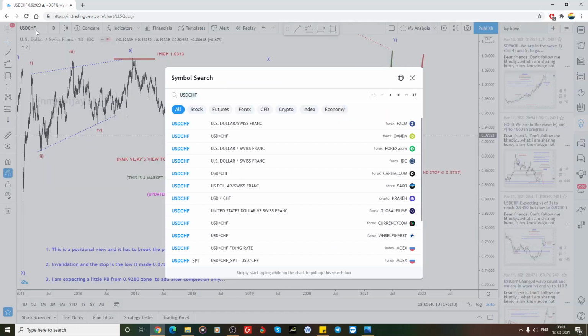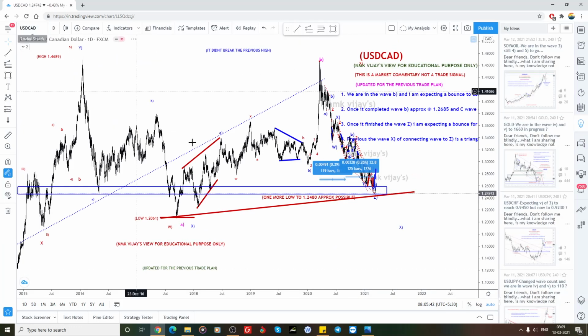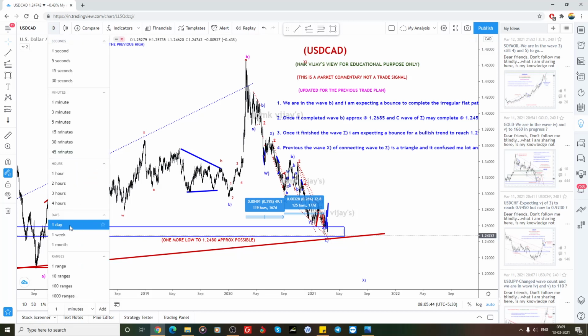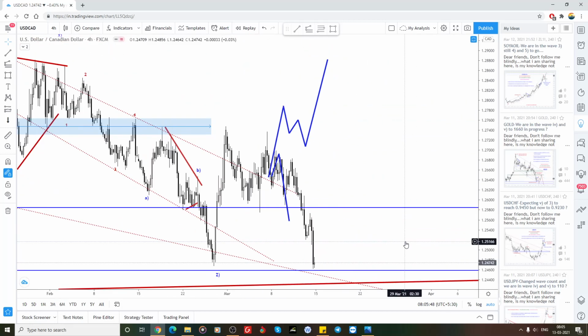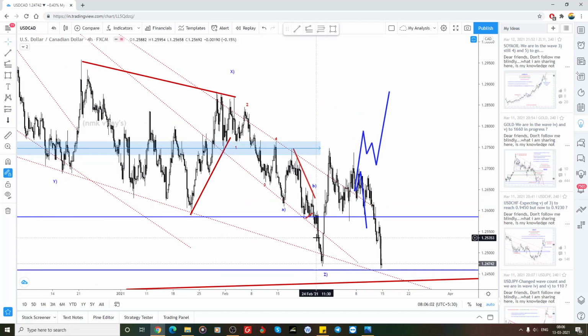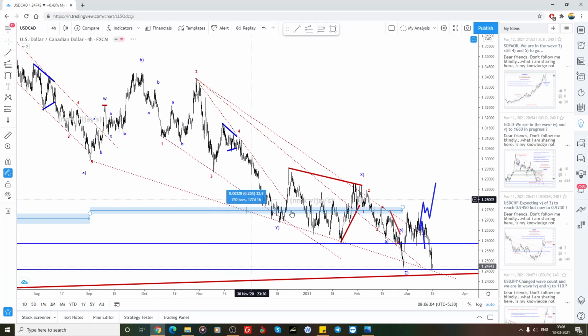And USD CAD, it again has done a double bottom, and yeah, it's already broken that. So it's a low at 2467962.